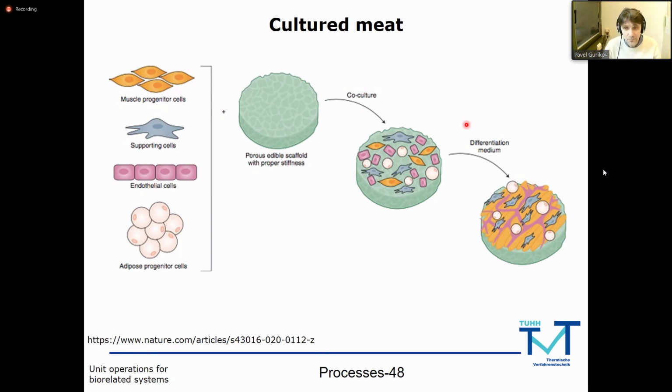If you can reconstruct such a process, and create matrices which very closely mimic and simulate the tissue structure, and then grow all these types of cells on this artificial scaffold, then you get real artificial meat.